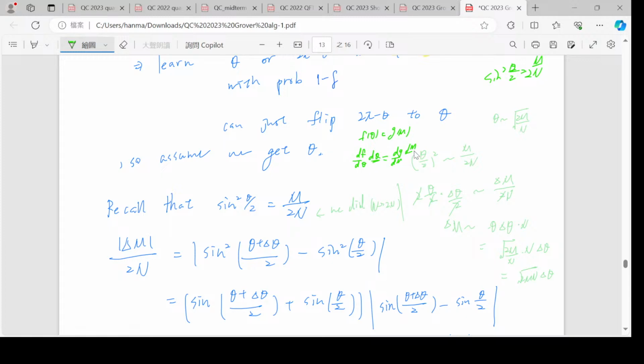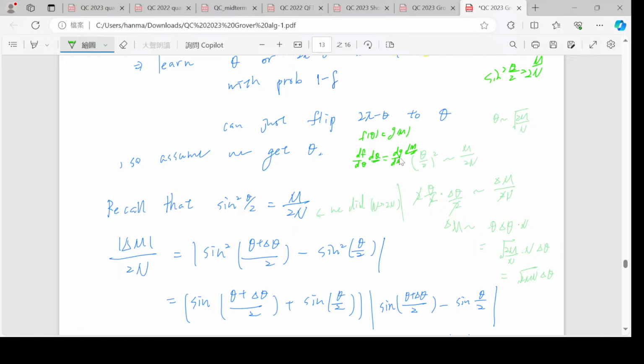We say d theta and dm are like delta theta and delta m. Then we calculate df d theta using the chain rule of differentiation. We take out the 2, and because it's squared, you have 2 times the thing inside, and then the differentiation of this against theta is just 1 over 2. The differentiation on the other side is linear in m, so that's just 2 over n.